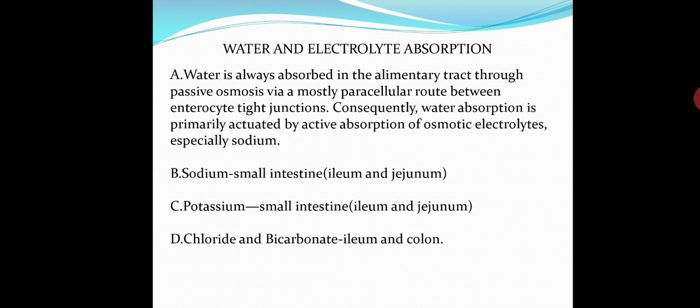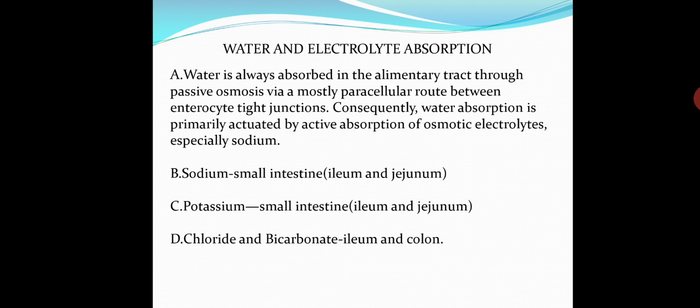Sodium diffuses into or out of intestine passively depending on the concentration gradient. In addition, sodium is actively transported out of lumen into the small intestine and colon by sodium potassium pumps.